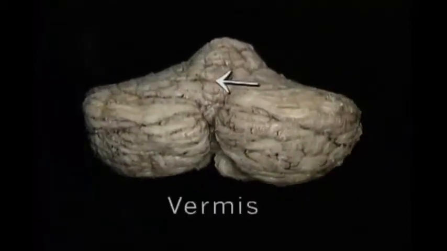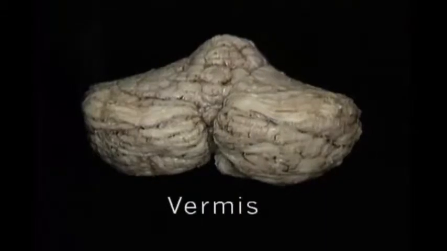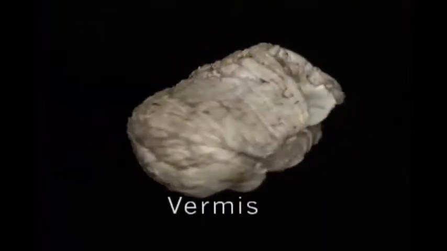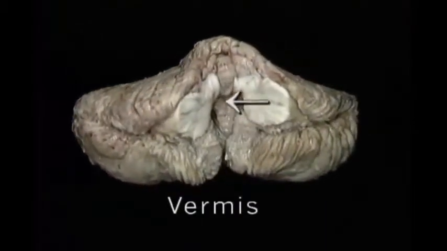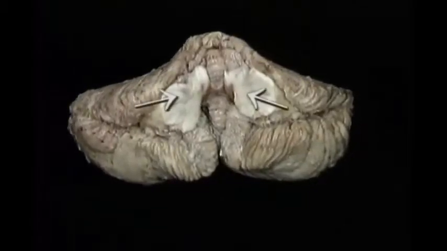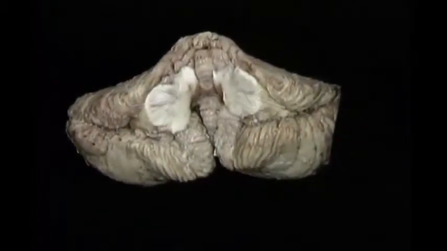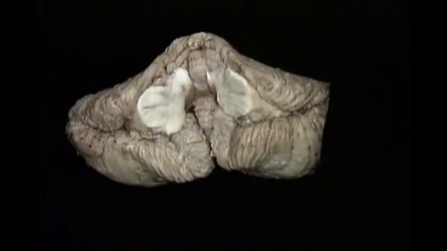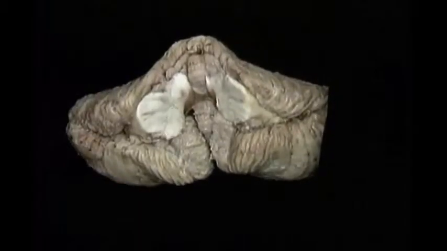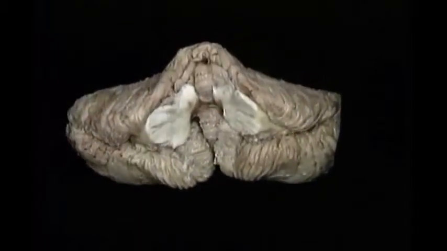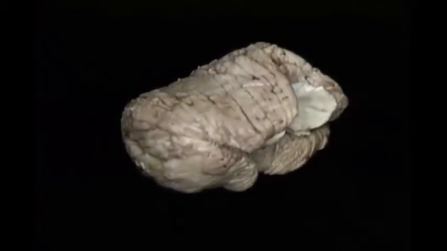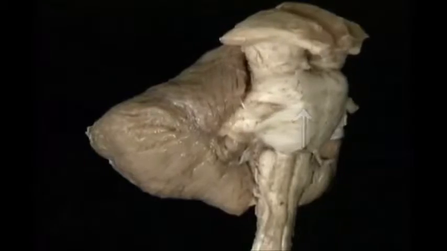These are joined by this midline mass, the vermis, which extends all the way round from the top to the underside. Here are the divided cerebellar peduncles, the superior one from the midbrain, the inferior one from the medulla, and the middle one. As we've seen, the middle cerebellar peduncle becomes continuous with the pons.